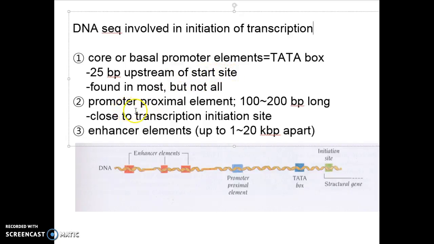Second, the promoter proximal element, sometimes called the response element, positioned near the transcription initiation site. Third, the enhancer element, which could be positioned even 20 kilobase pairs apart.